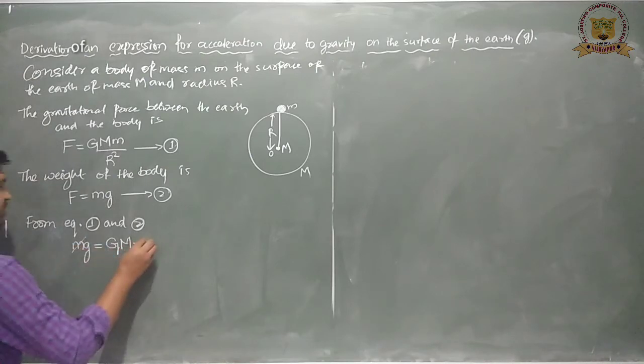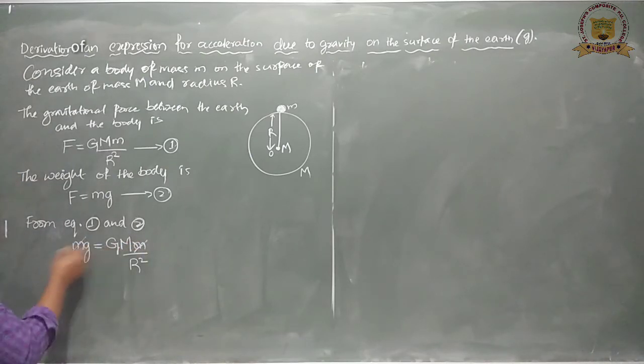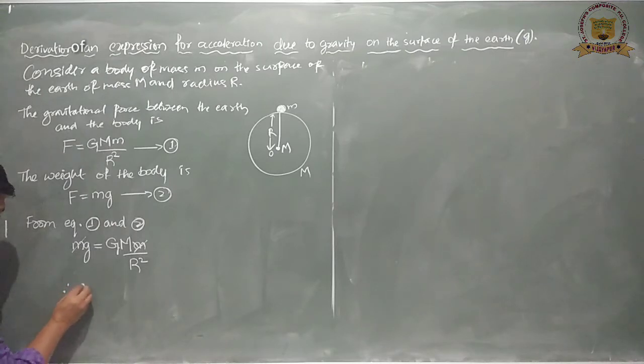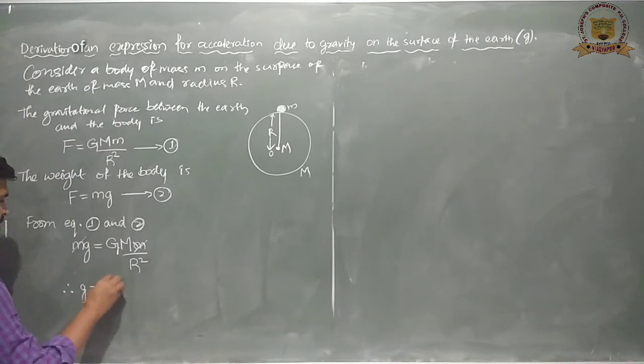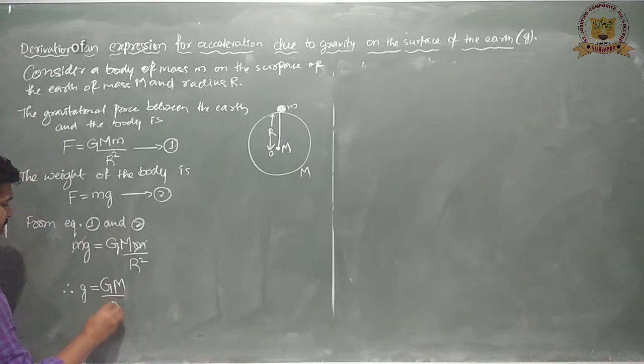So m is present on both sides of the equation, so it is going to cancel, and therefore the acceleration due to gravity on the surface of the earth is small g equals capital G capital M divided by R square.